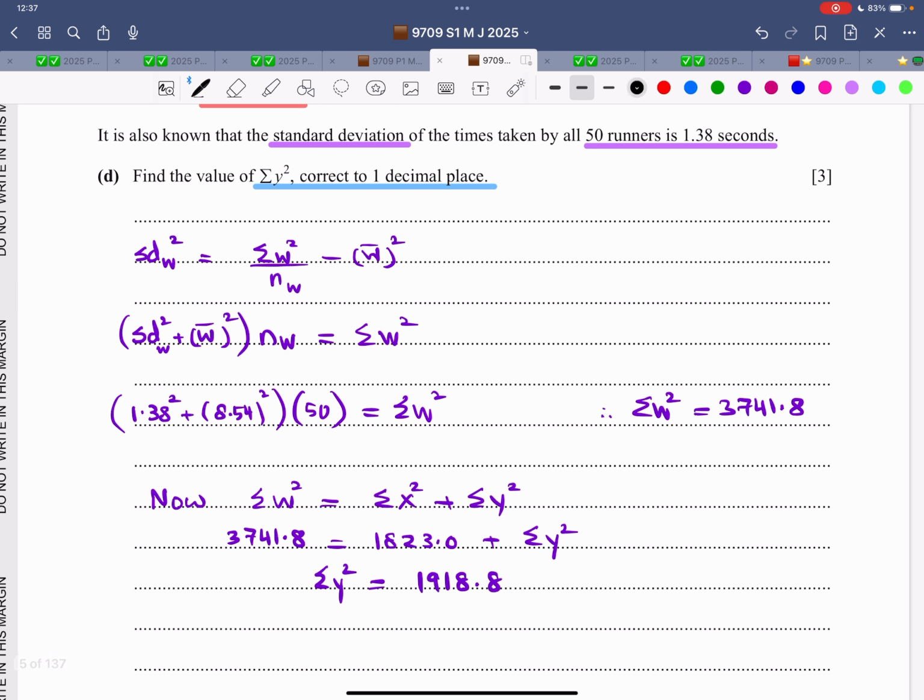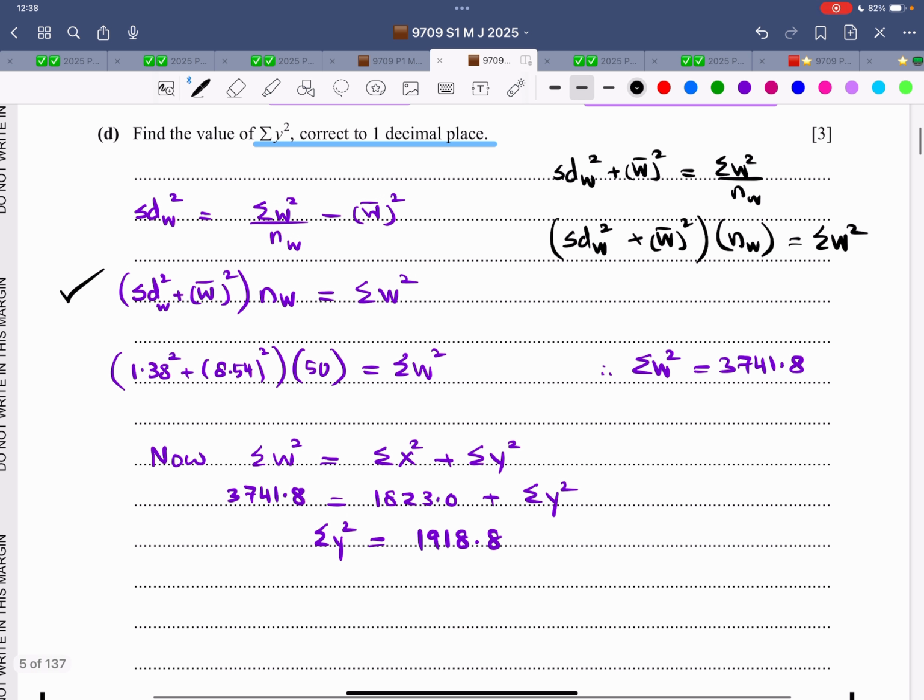If someone is getting stuck on this, let me explain it to them. SD W square plus W bar square is sigma W square over NW. Therefore, SD W square plus W bar square in brackets multiplied by NW is sigma W square. That is the step. So now just plug in the values.